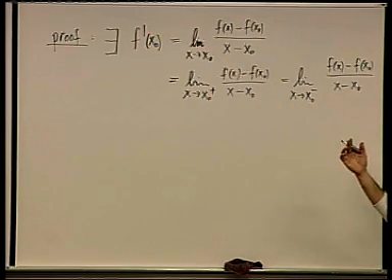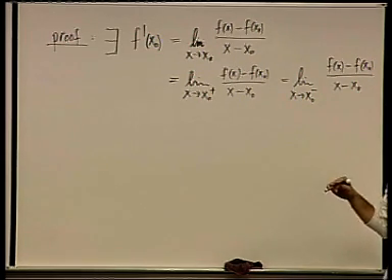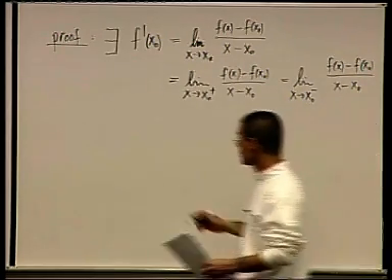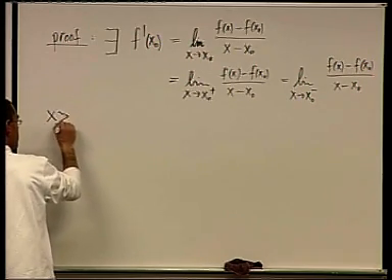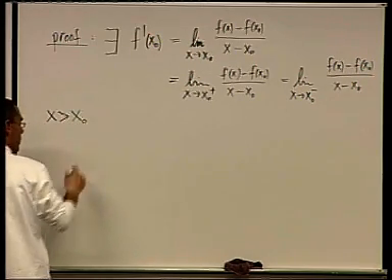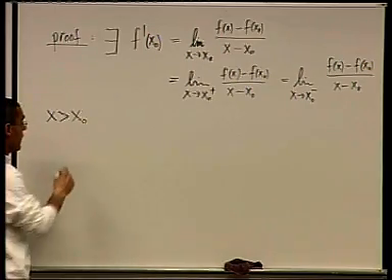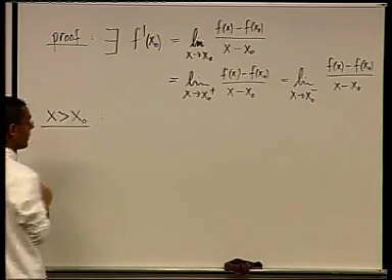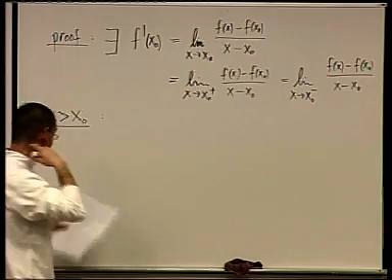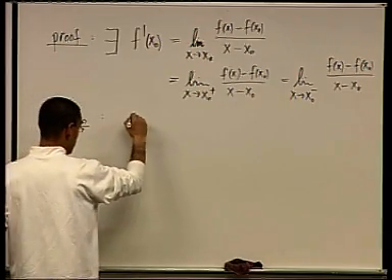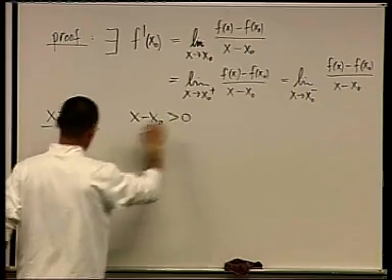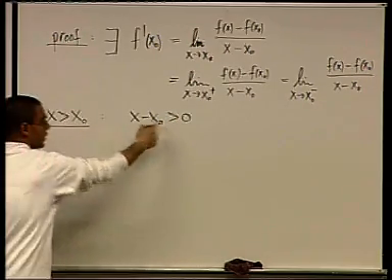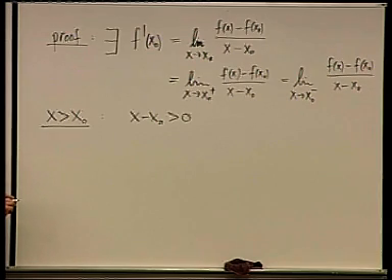Whenever a limit exists, both one-sided limits exist and are equal to that limit. Now, let's consider only x's greater than x0. X is to the right of x0. In this situation, do you agree that x minus x0 is positive? If x is greater than x0, then x minus x0 is positive. Do you agree?